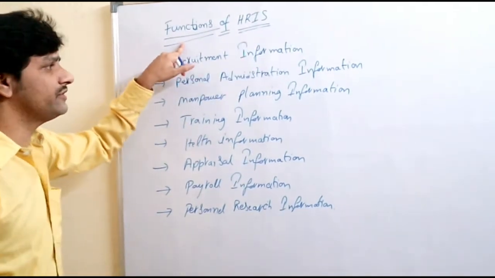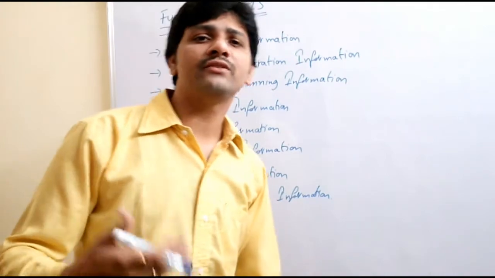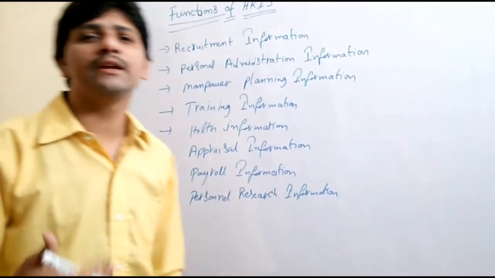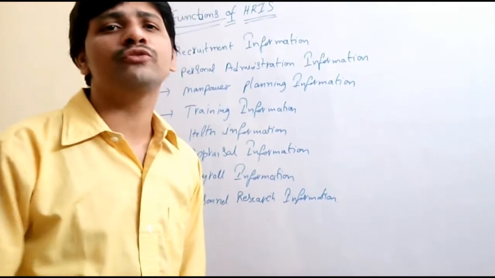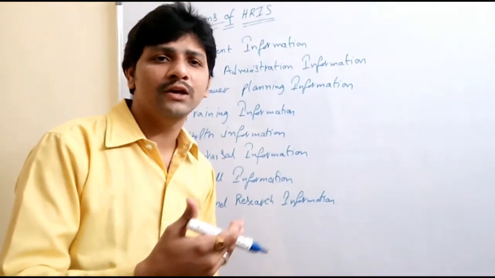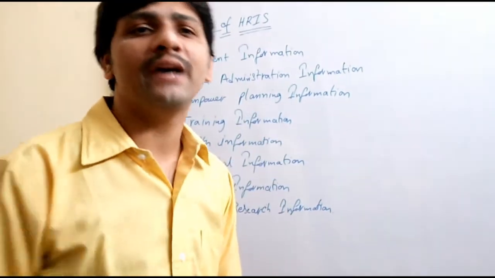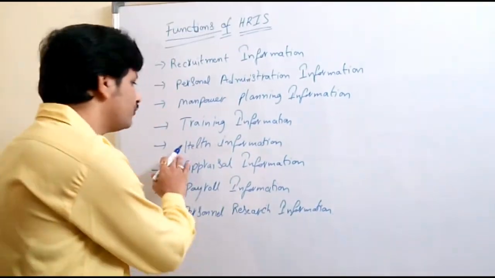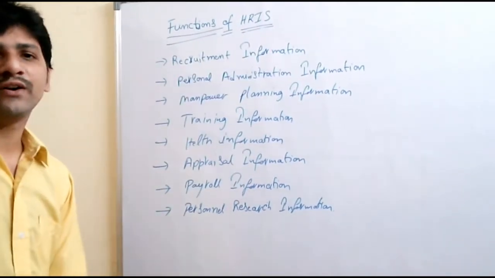So it is also one of the functions. So health information means, for all the employees who are working in a particular organization, the organization's responsibility is to store some health policies regarding the employees. At the same time, they maintain the health information of each and every employee. So the information can be easily obtained using this particular function.